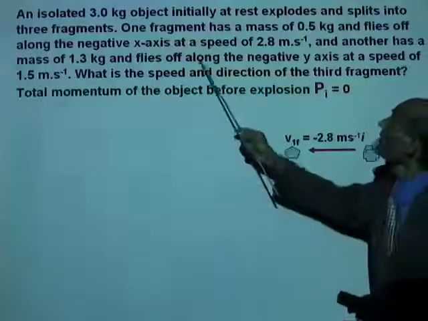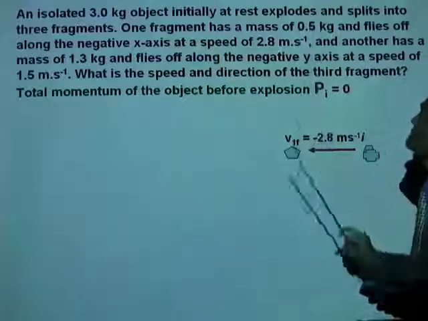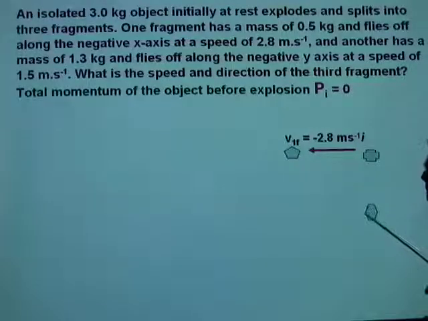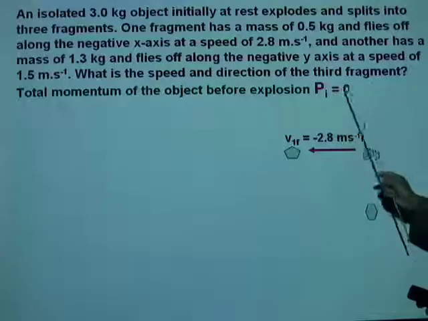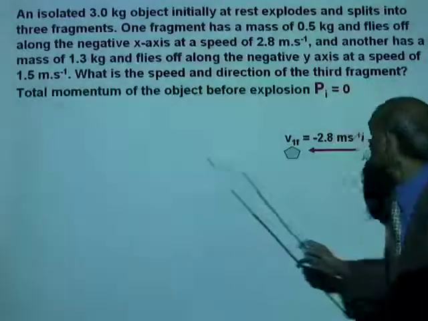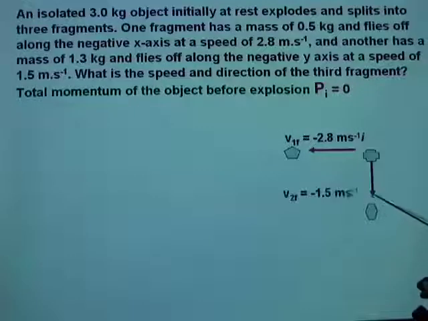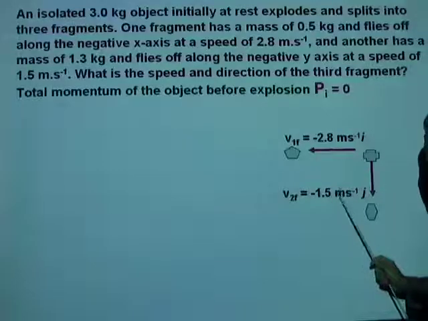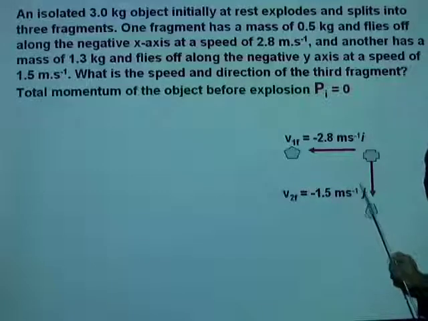And we know its mass is 0.5 kilogram. The second piece goes in the negative y direction with a speed of 1.5 meters per second. So the velocity of the second piece is negative 1.5 meters per second j.